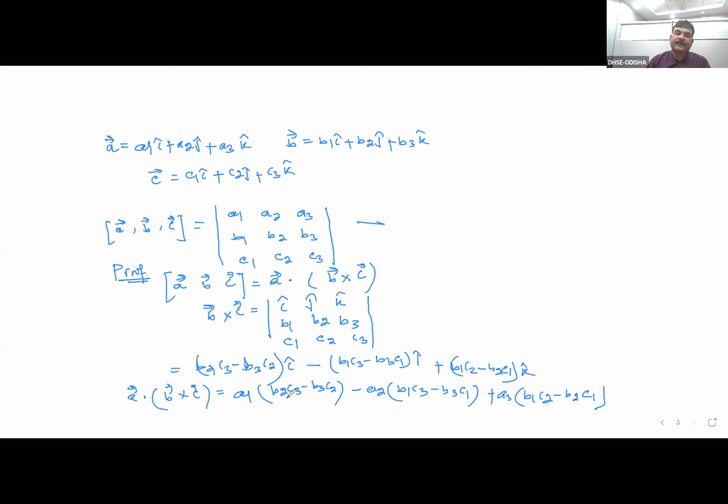Okay, this expression is the determinant A1, A2, A3, B1, B2, B3 and C1, C2, C3. Clear? And this is a scalar quantity.